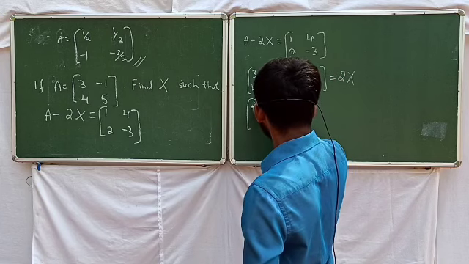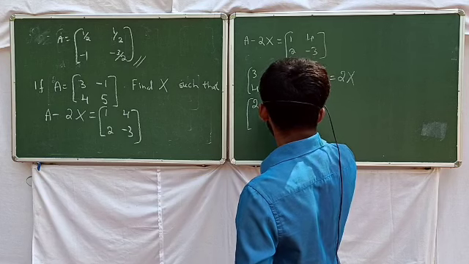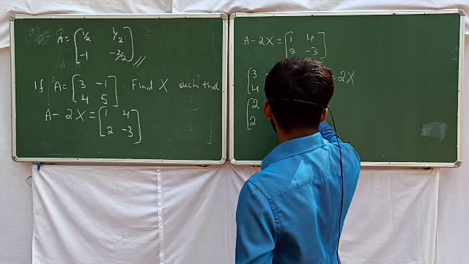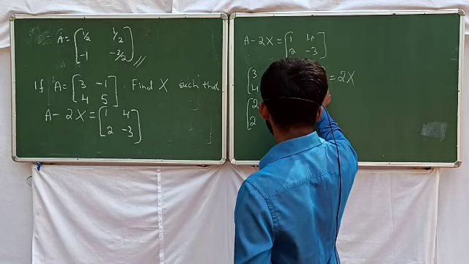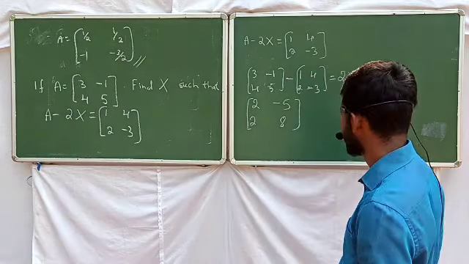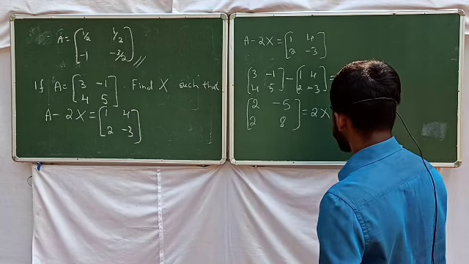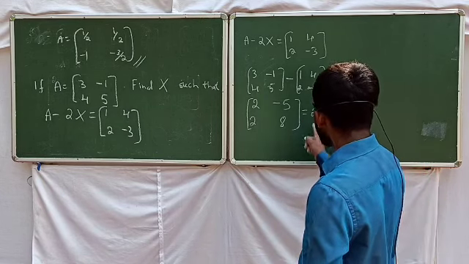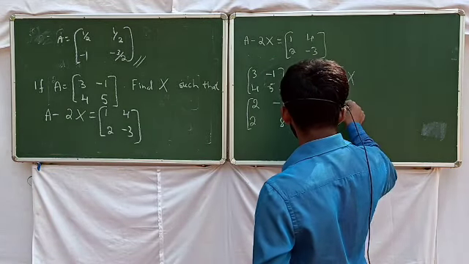3 minus 1, 2, minus 1, minus 4, minus 5, 4 minus 2, 2, 5 plus 3, its value is equal to 8. Why plus? Minus into minus is there, right? Minus into minus plus, 5 plus 3, 8 is equal to 2x. Okay. Now we want x value, same procedure, dividing throughout by 2.